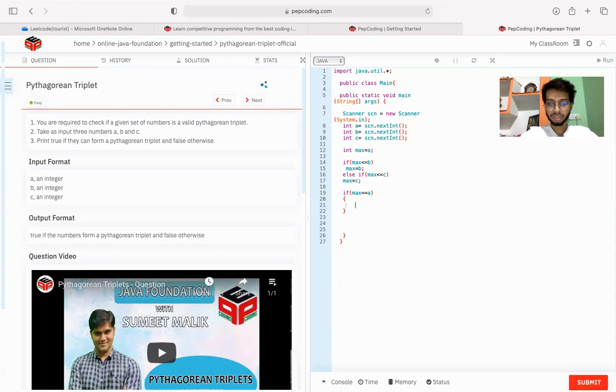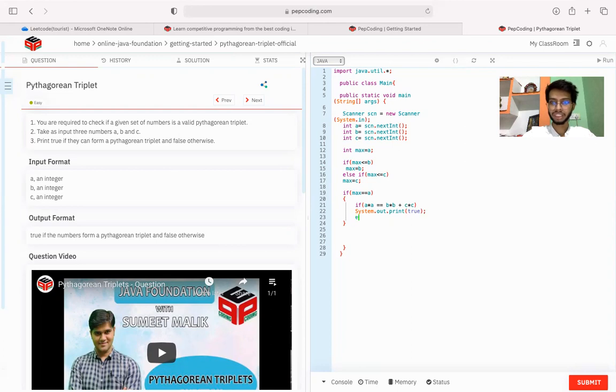Okay, so I'm going to do the same thing. That is, a into a is equal to b into b plus c into c. If this condition is satisfied, I'm going to print true.